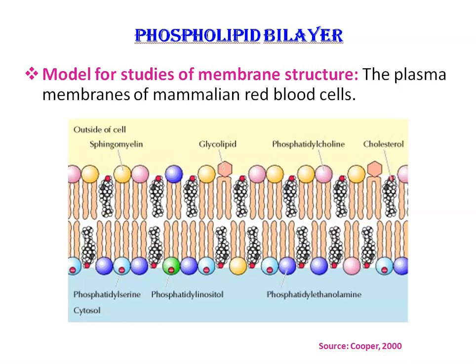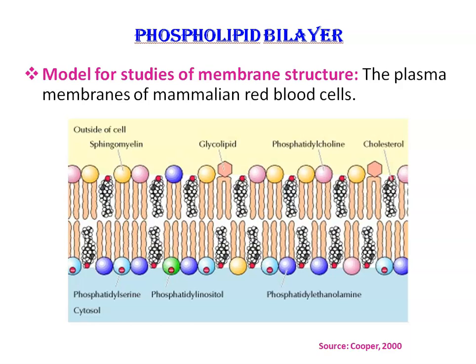Indeed, studies of the red blood cell plasma membrane provided the first evidence that biological membranes consist of lipid bilayer in 1925. Two Dutch scientists, E. Gorter and R. Grendel, extracted the membrane lipids from a known number of red blood cells corresponding to the known surface area of plasma membrane.